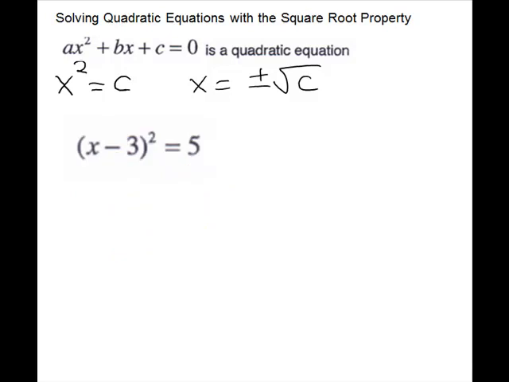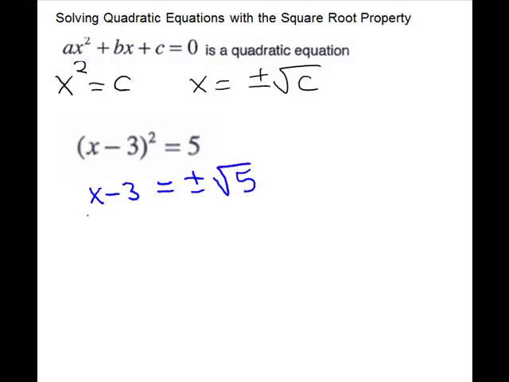The next few problems look a little bit more complicated, but if you look close, it is something squared equals a constant. So you can use this technique. We'll take the square root on the left, and that will leave x minus 3 equals plus or minus the square root of 5.